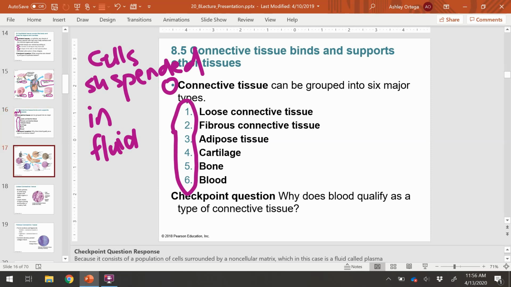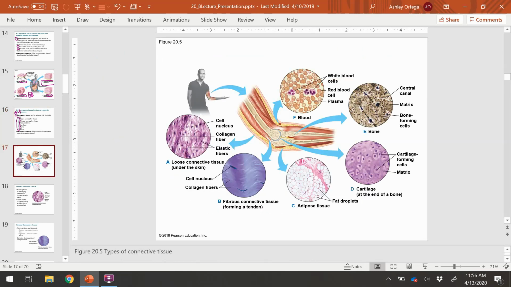that you see here. And so looking at our example, the first one there, loose connective tissue, is going to be under the skin, and is going to tie the skin to underlying organs or to other tissues in place. In this example, you have loose connective tissue connecting the skin to some adipose tissue, which is fat.